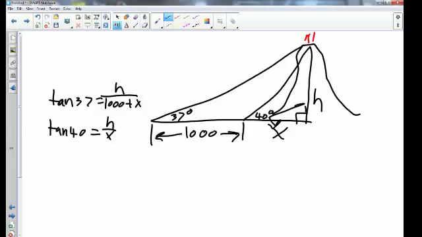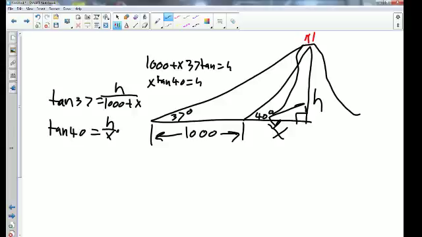So now you're going to get both these equations to equal h. This one would be 1,000 plus x times tangent of 37 equals h, and this equation is x times tan of 40 equals h.